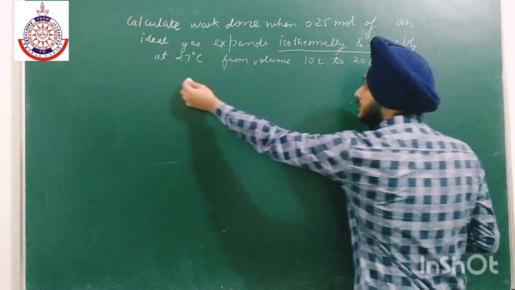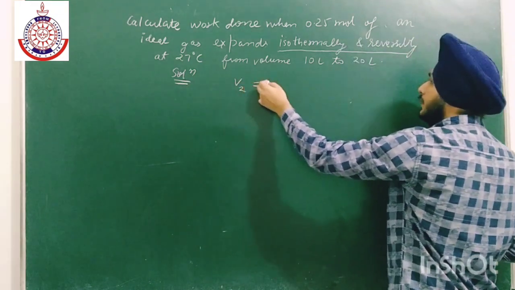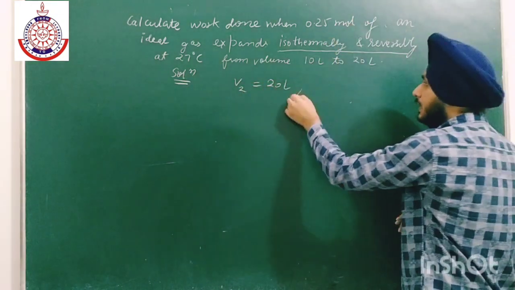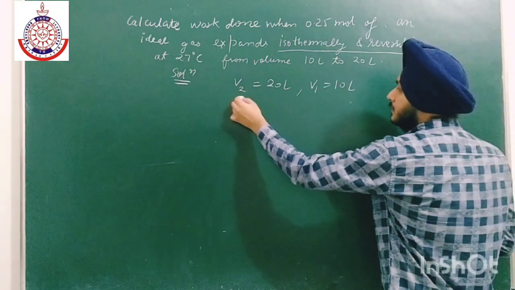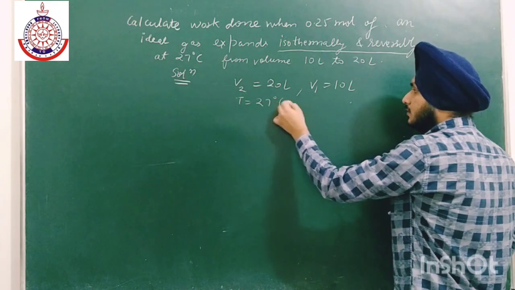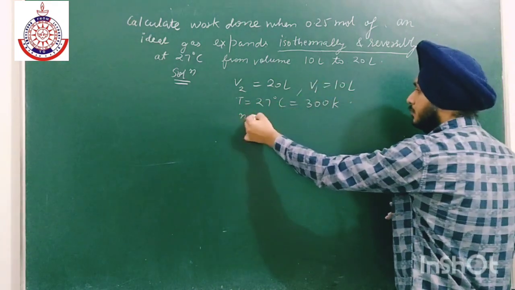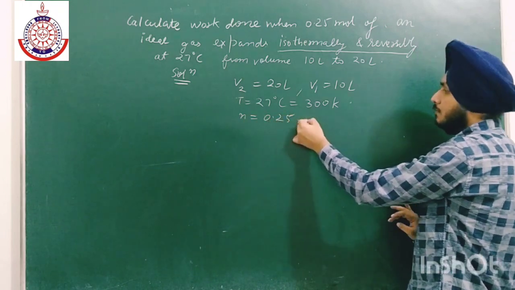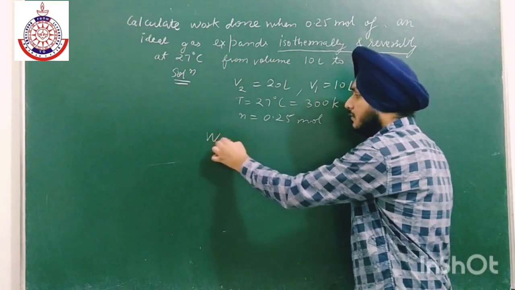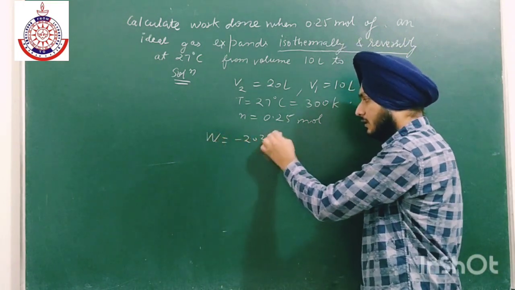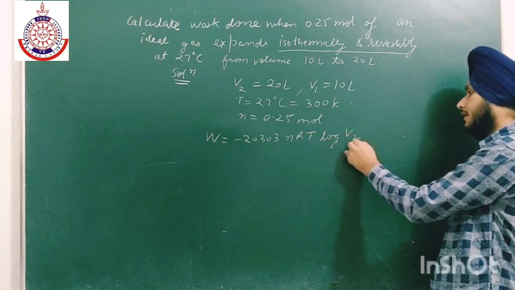The final volume V2 is given as 20, the initial volume is 10 liter, and the temperature is 27 degrees Celsius, which is equal to 300 Kelvin. And the moles are 0.25 mole. We have already derived the formula that work is equal to minus 2.303 nRT log V2 by V1.